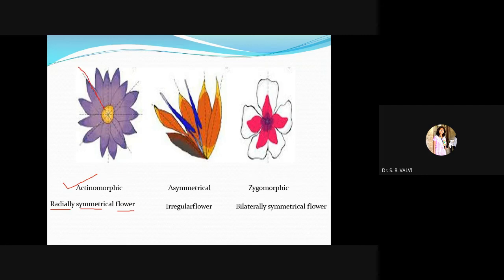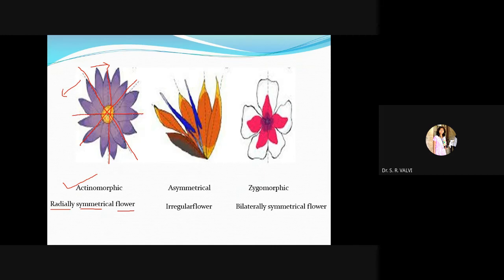When you are making the part of a flower passing through its radius, or passing through its radii, then you will get exactly equal halves. Okay, exactly equal parts of that flower. Then the flower is called as what? Actinomorphic, meaning from any of the radii you are going to get similar parts of a flower.